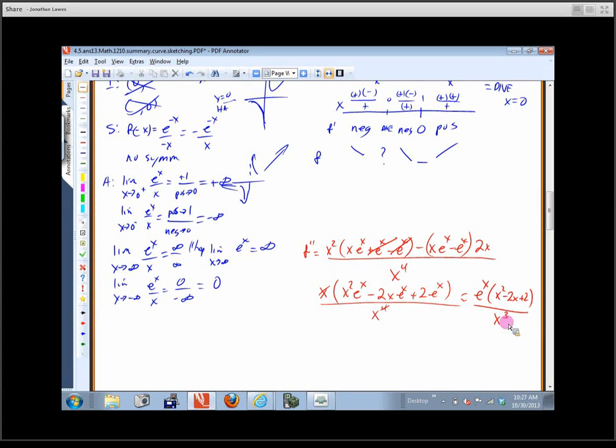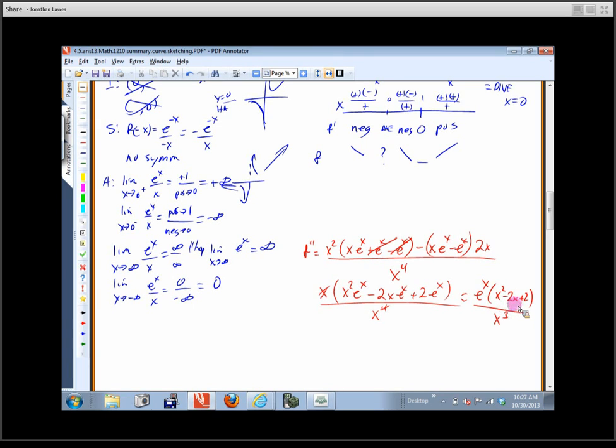Good there? What would we want to know about the second derivative? Where it equals 0 and where it doesn't exist. The only place it doesn't exist is at 0, where we've got a point of discontinuity, so we don't need to worry about that. Okay.